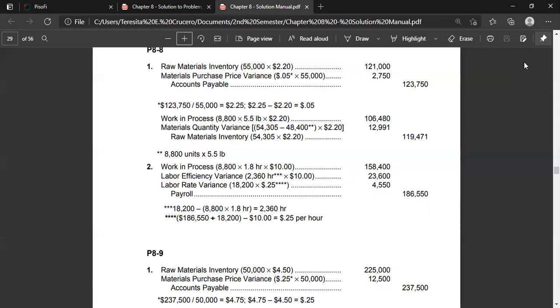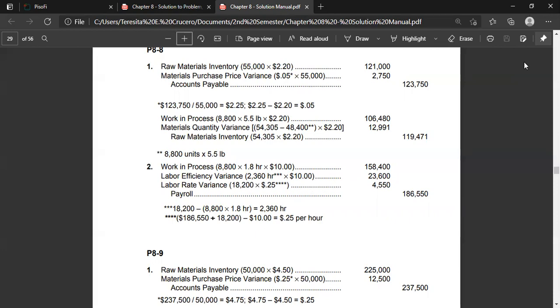So we now have the standard cost per unit: materials 5.5 pounds at 2.20 per pound, so you get 12.10. Then labor 1.8 hours times $10 per hour. So we have one unit would need labor cost of $18.